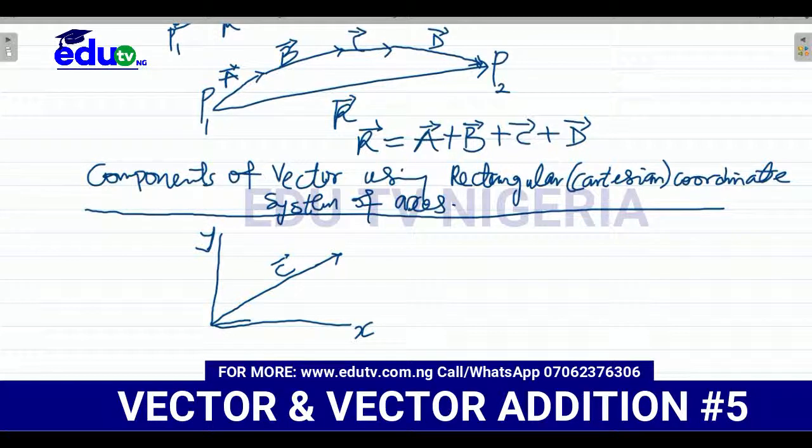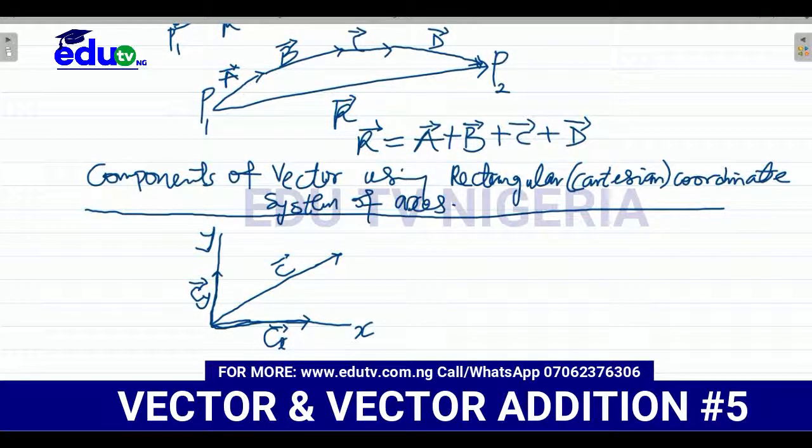From the previous class, the addition of two vectors will give us a resultant vector, as I said. So let's say we have a vector along the x direction. Let's call it vector Cx. We also have a vector along the y direction.